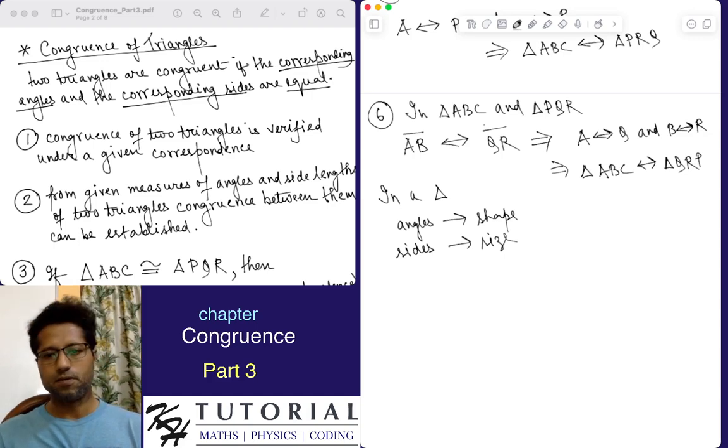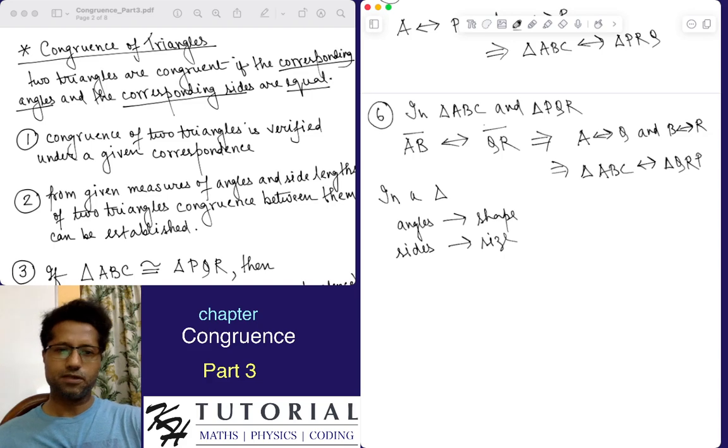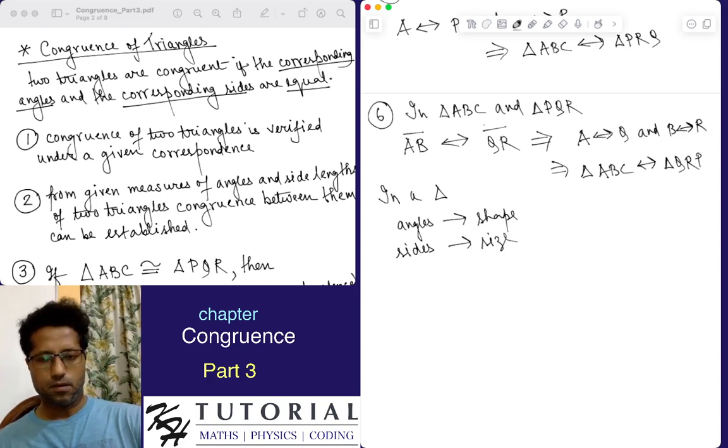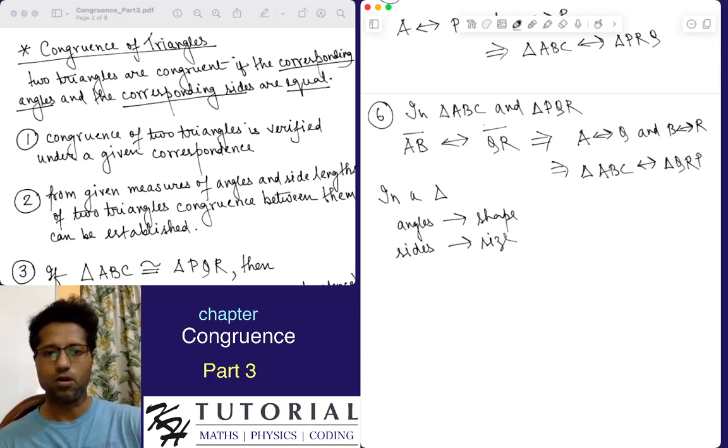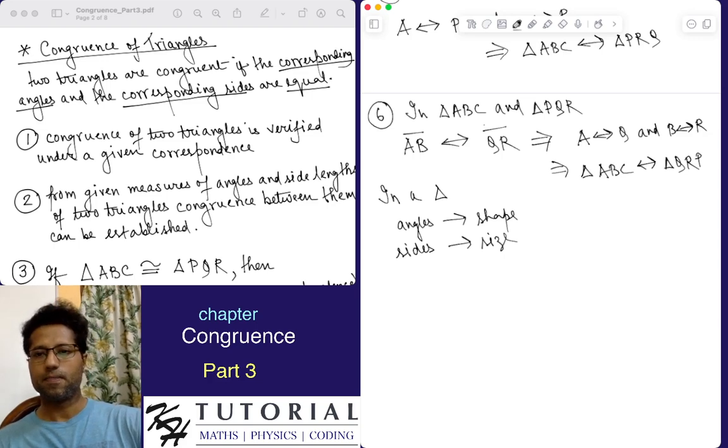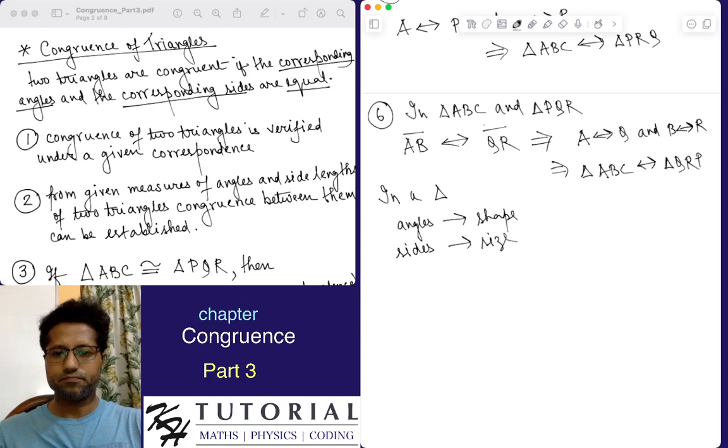Whenever we discuss the congruency of two triangles, there are actually two aspects. The first aspect is that if we are trying to verify whether two triangles are congruent or not, the correspondence is given.